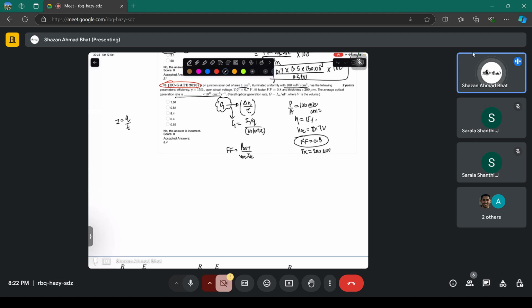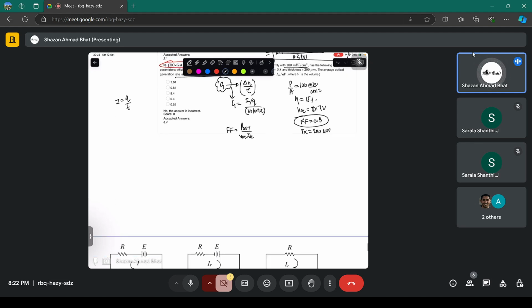I hope this will give you the correct thing. Yes, this will give the correct thing: I by Q divided by per unit volume, because delta n has to be there. That means the generation rate will be I divided by Q into volume.